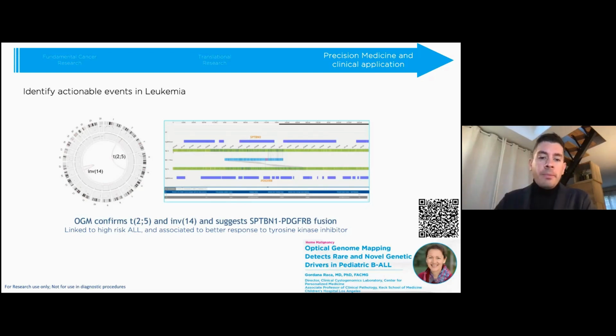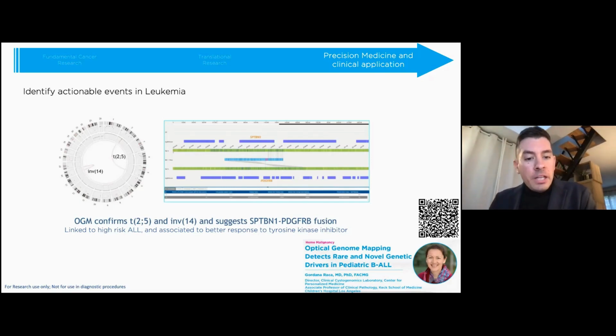Optical mapping found the same alteration, but could locate the breakpoint at a much higher resolution. And an interesting gene was found at the breakpoint of this translocation, PDGFRB. This event was later, of course, confirmed by FISH and RNA sequencing.